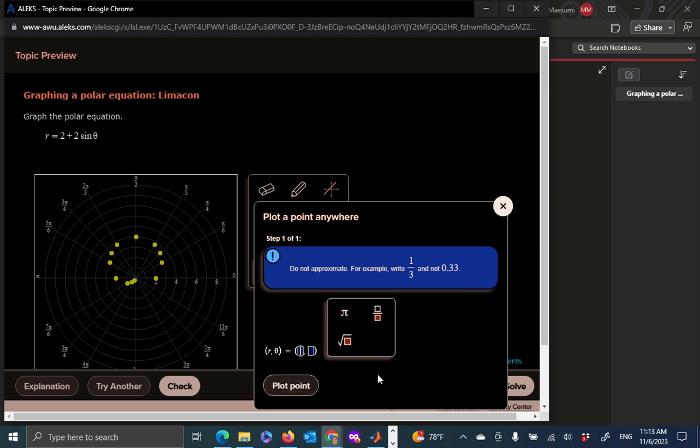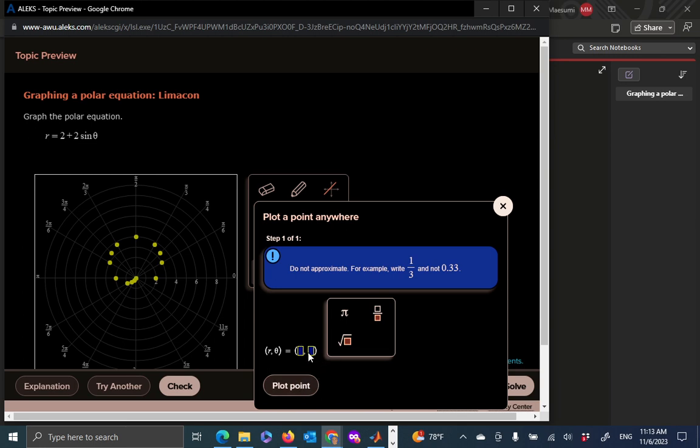Then I'll have 3 pi over 2. You can put the 3 left or right. Sine of that is minus 1 times 2 becomes minus 2, plus a 2 makes it 0. So we are making it toward the origin. We are at the origin right now, and then we continue.